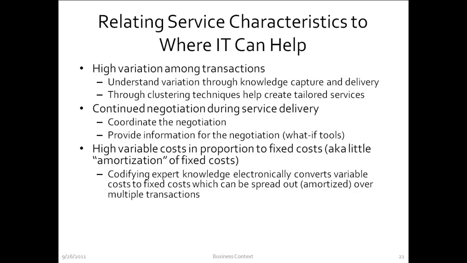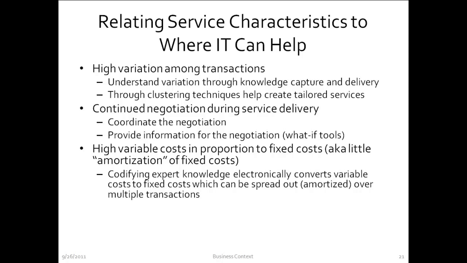Every product, every organization has fixed costs and labor costs, and the proportion of labor costs to fixed costs in a service not only is high, but is consistently high. So the amount of labor involved in preparing a fancy meal doesn't decrease over time or cannot be amortized over multiple customers, but has to be expended for each customer.